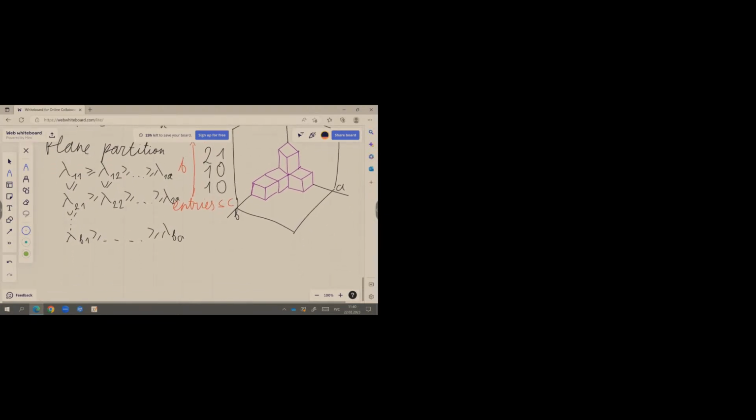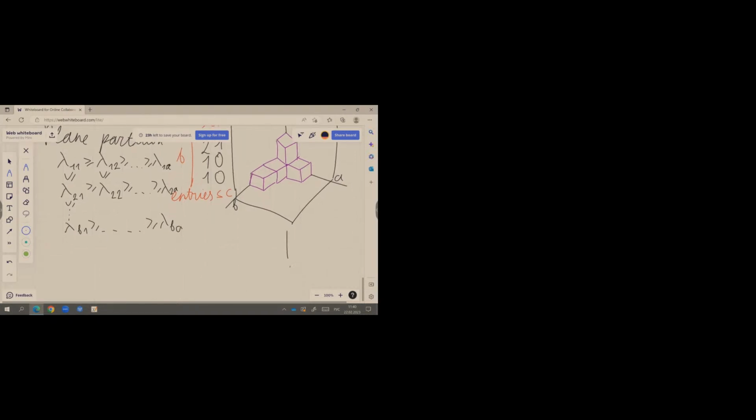If you want, you can do it yourself. And today, in this seminar, we will count the number of plane partitions just from scratch, using the Lindström-Gessel-Viennot lemma.